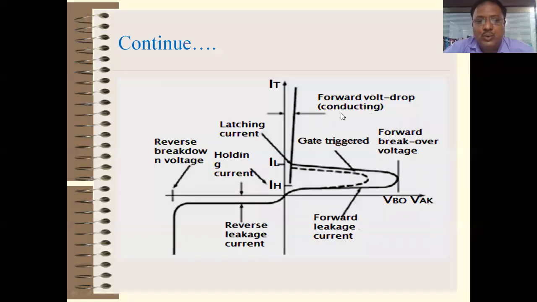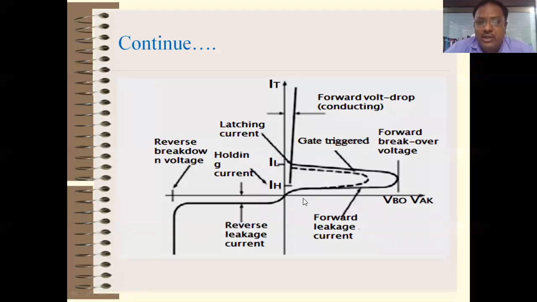That is called the on-state voltage drop, the forward voltage drop, when it is conducting, right? So this is the first one. Two terms called holding current and latching current are also shown here.